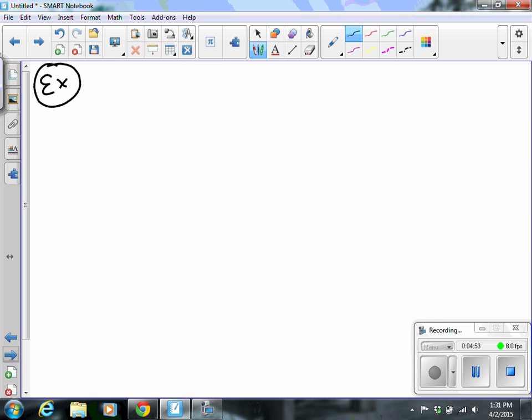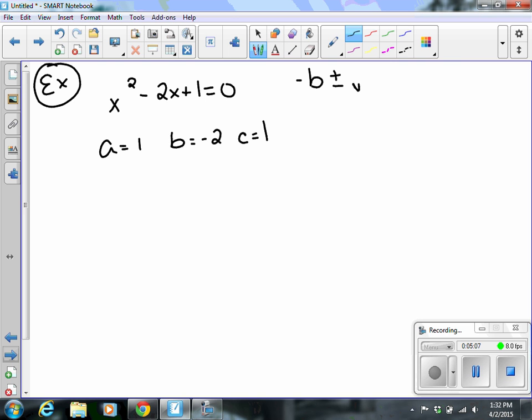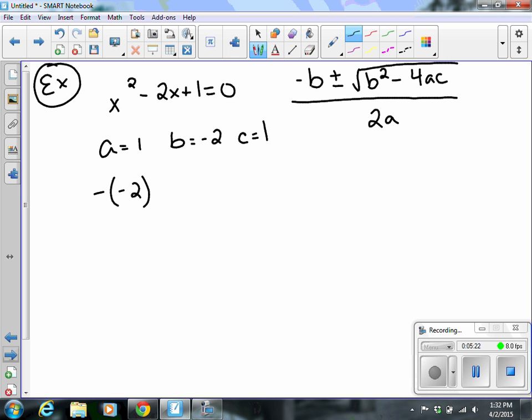So let's say, for instance, I have x squared minus 2x plus 1 equals 0. A equals 1, b equals negative 2, and c equals positive 1. Looking at this, I'm going to go ahead and plug in the numbers that I know.